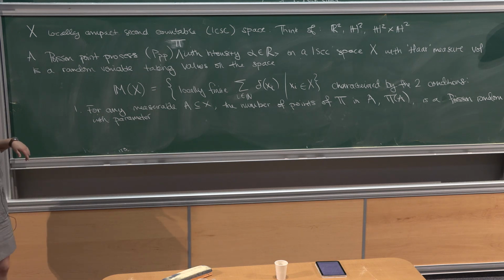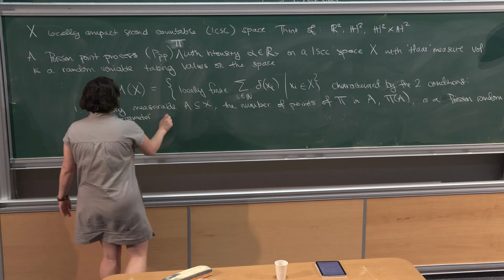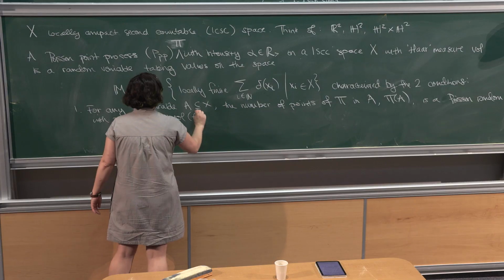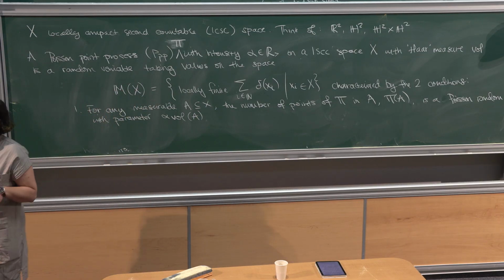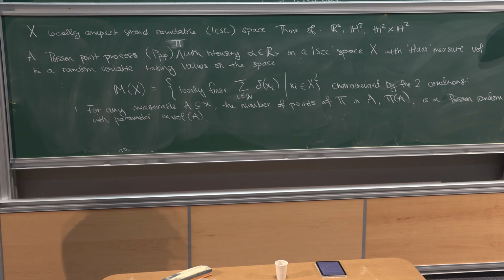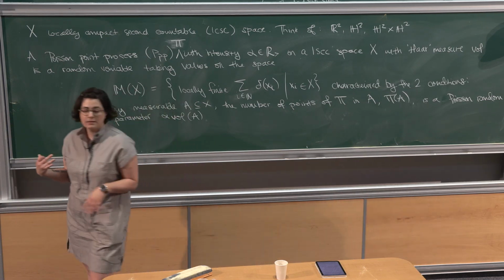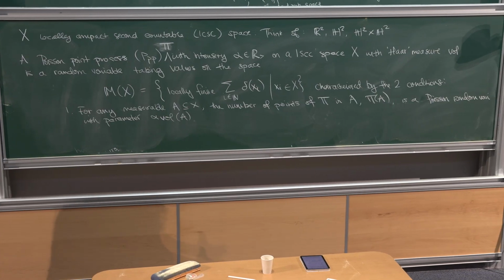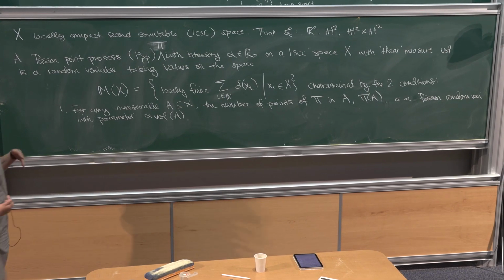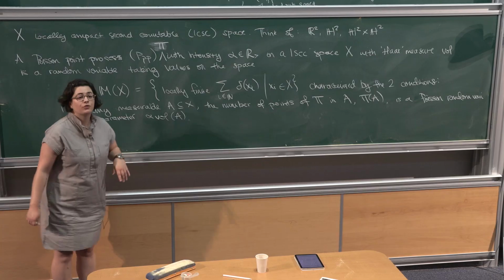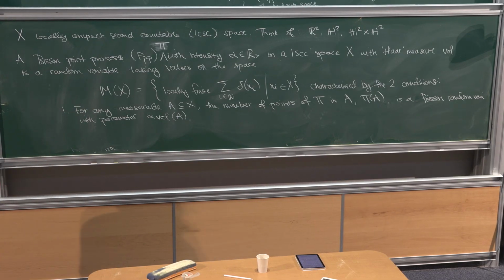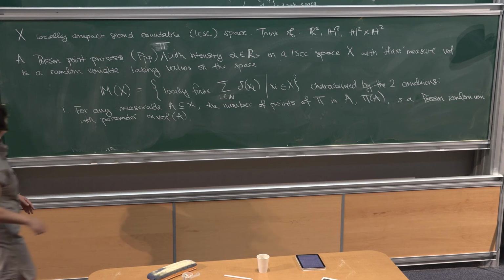The parameter of that Poisson random variable is the intensity alpha times the measure of A. So this intensity is a fixed constant. As you scale up the intensity, you have more and more points in your process. But always, the number of points you expect to see in a space depends on the volume of the set.